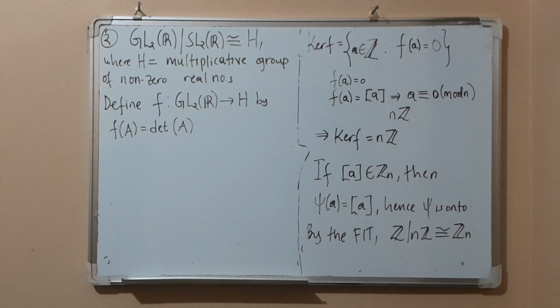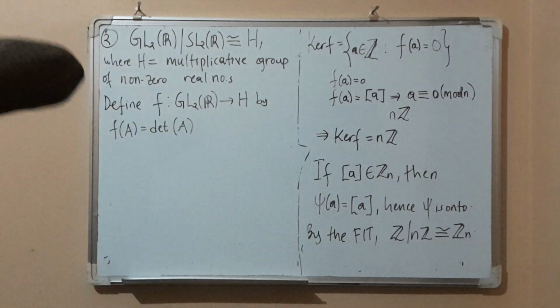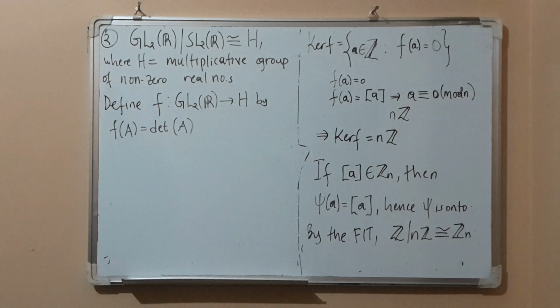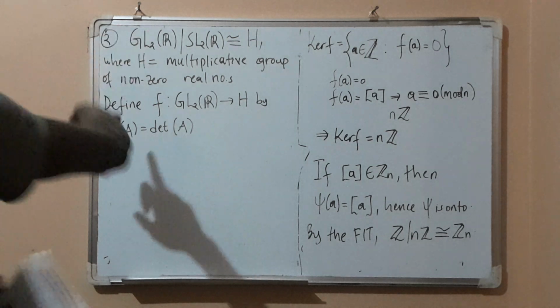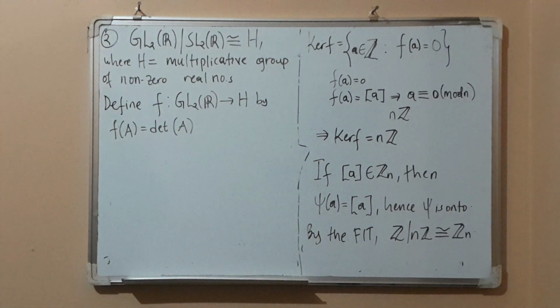We are defining our map by that. So for us to show that this is isomorphic to that, we shall just prove that the kernel of this map is the special linear group.